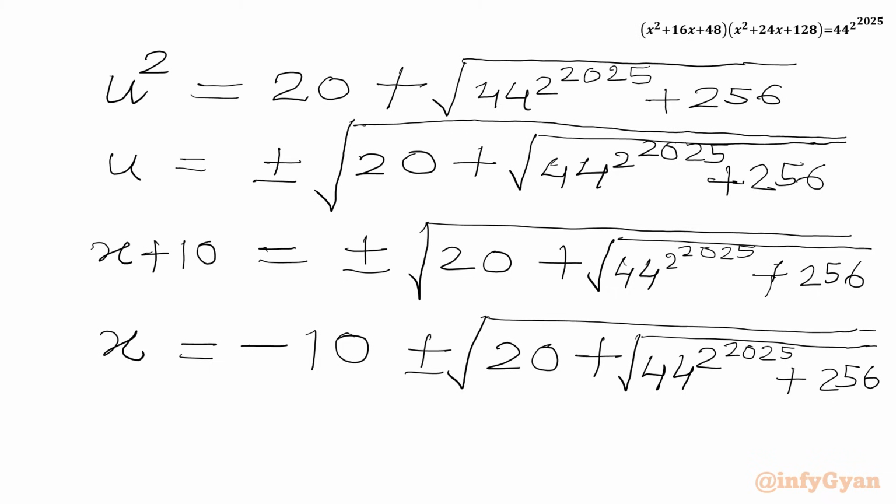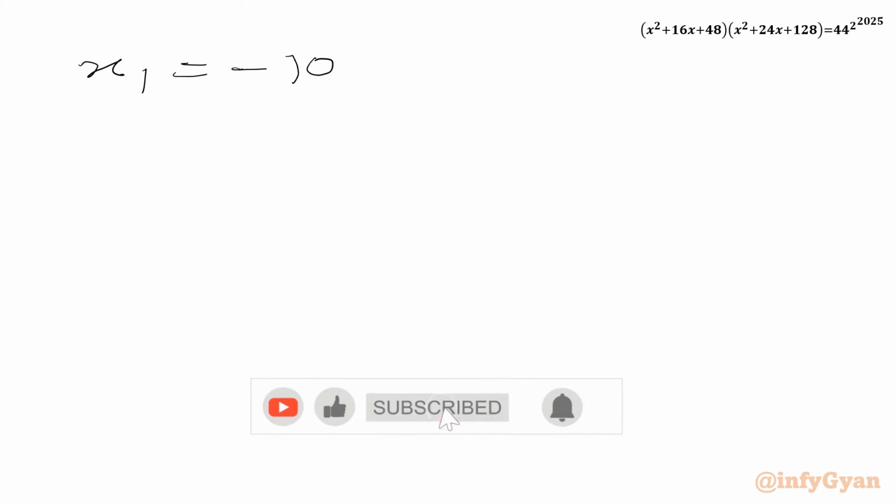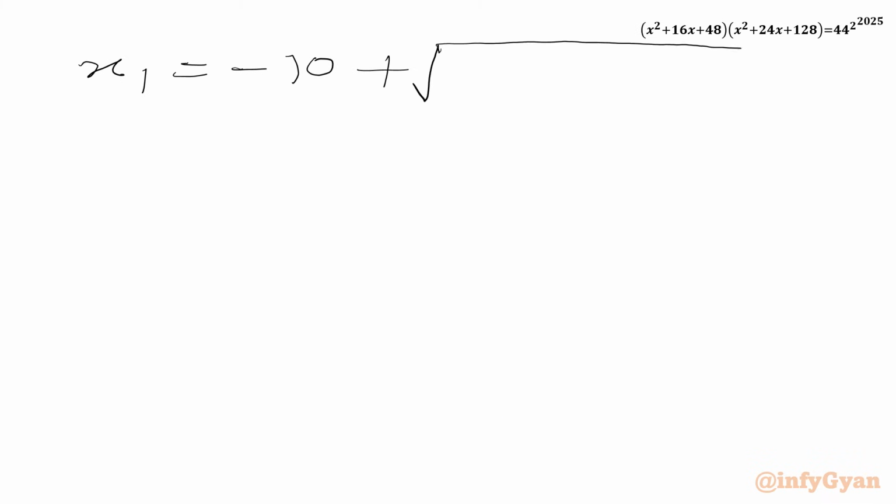So if I will split, I will write x1, x2 with plus and minus sign in between. So let me write here x1 equal to minus 10 plus square root of 20 plus square root of 44 raised to the power 2 raised to the power 2025 plus 256.